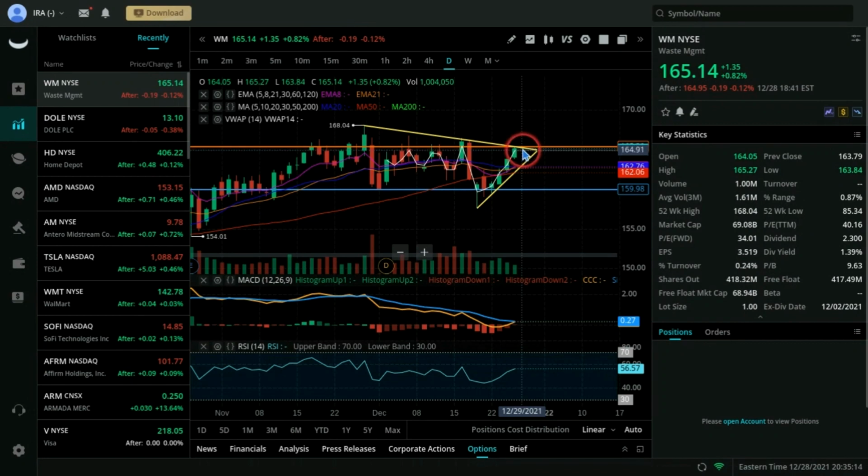So your entry point for a put would be around 164.83, and then you can ride that down if it decides to go to the top of the bottom trend line, which would be 163.42. Remember, your trend lines act as resistance and support also, so you can have your support at 163.42. Or in another scenario, you could just get your put trigger right outside the triangle, which would be 162.48.